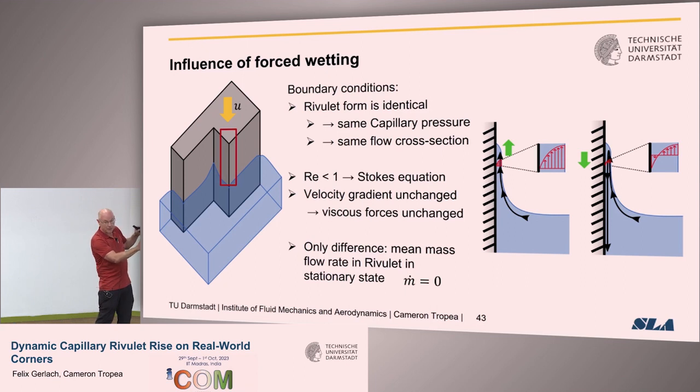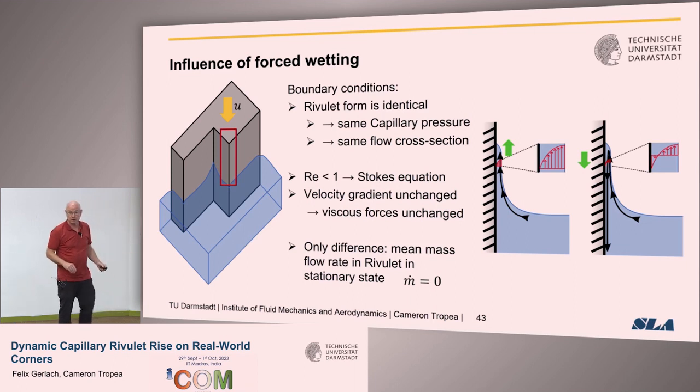At the same height, it has basically the same forces acting on it, because it's going up with some speed. If it's at some speed at that height, and the wall is going down with the same speed and it has the same height, then the wall shear stress is exactly the same. In the stationary case, the rivulet's going up, so you have some viscous force on the wall, no slip condition, so some wall shear stress here.